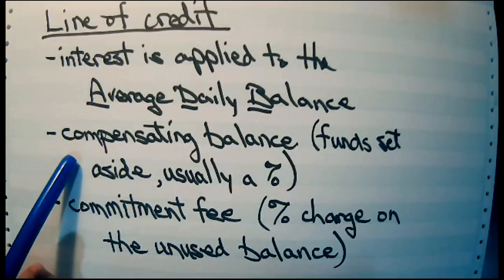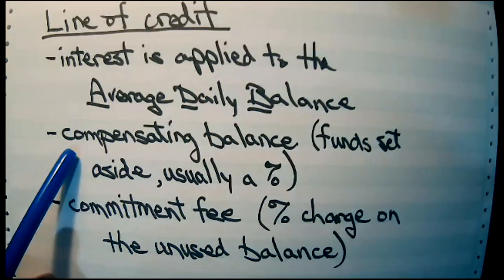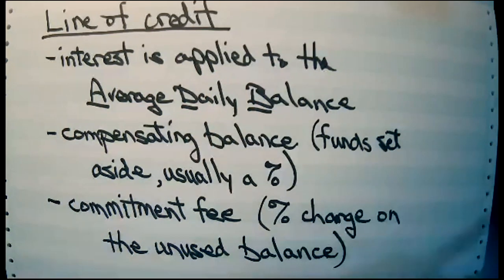Sometimes you are required to keep what's called a compensating balance, and that's typically maybe 10% of the line of credit. And this is set aside in an account that doesn't earn interest. It's for the bank. The bank can use this to loan out.